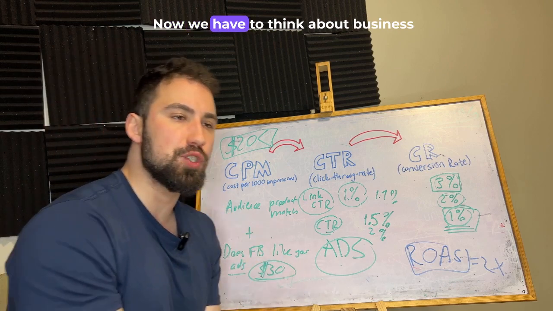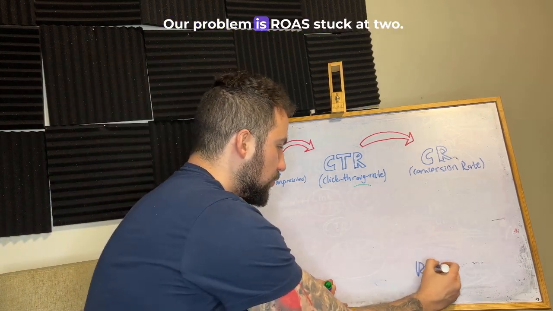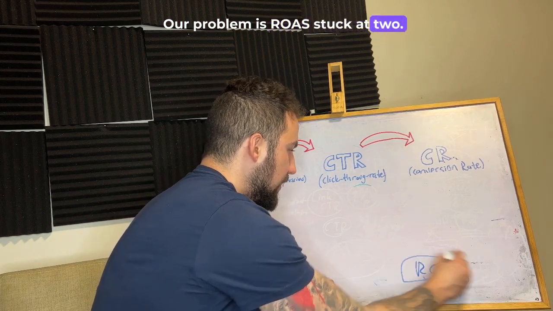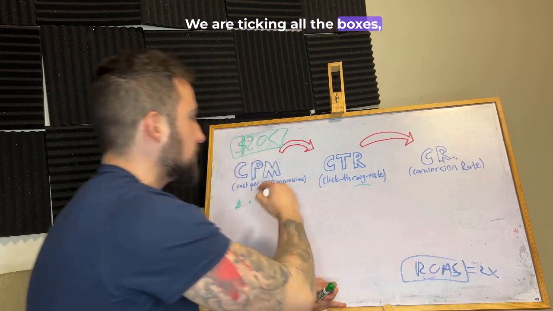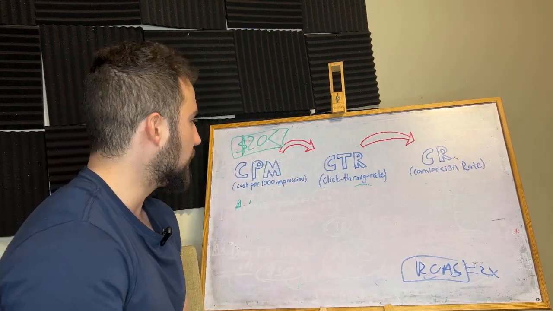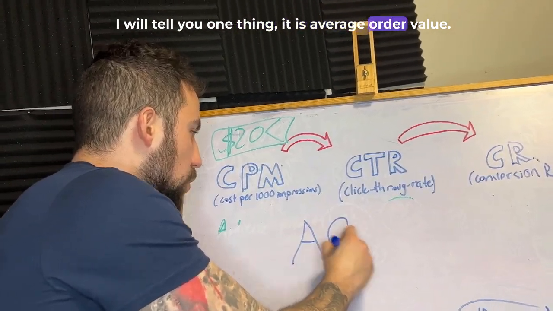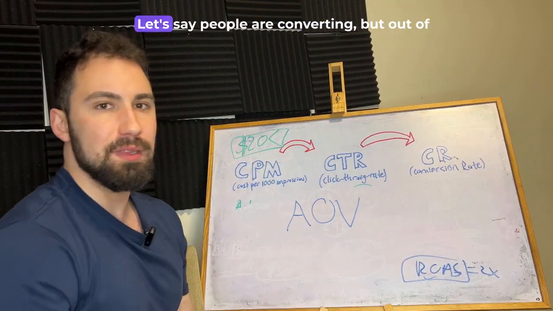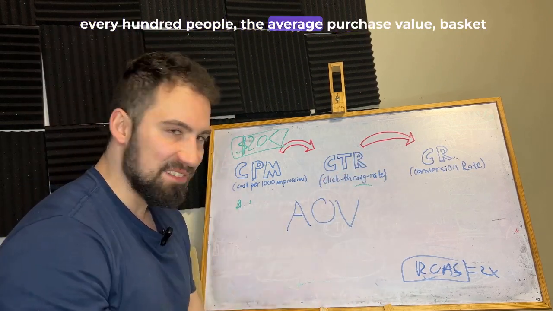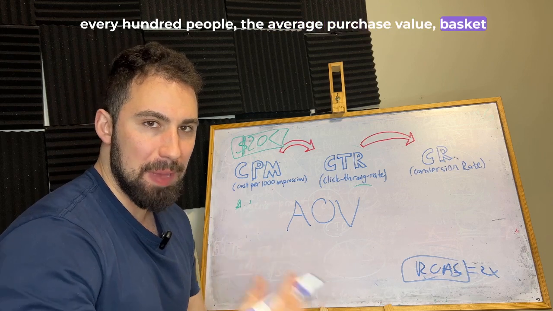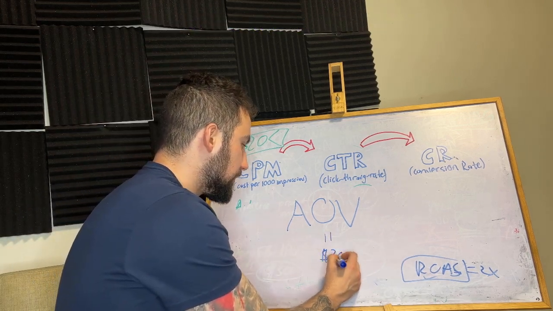Now we have to think business-wise. What is our problem now? Our problem is ROAS stuck at 2. We know we cover all these, we are ticking all the boxes, but we're still not profitable. I will tell you one thing. It is average order value. Let's say people are converting, but the average purchase value, the basket value of the average person, is, let's say, $30.